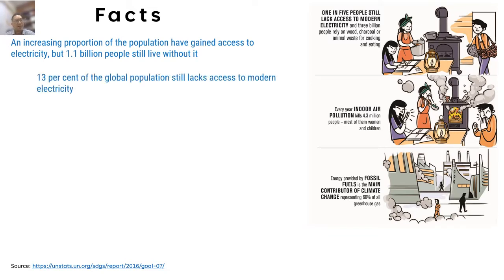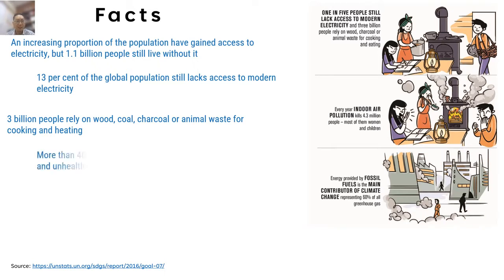Second, 13% of the global population still lack access to modern electricity. 3 billion people rely on wood, coal, charcoal, and animal waste for cooking and heating. More than 40% of the world's people still rely on polluting and unhealthy fuels for cooking.